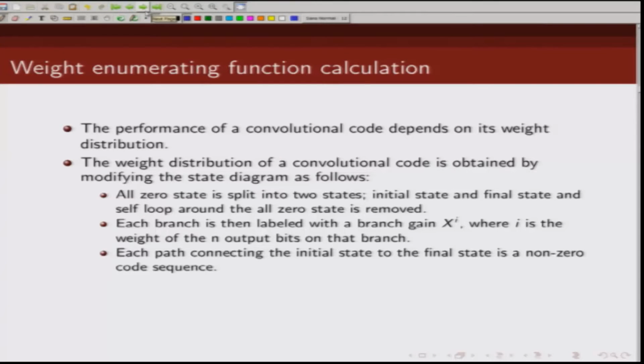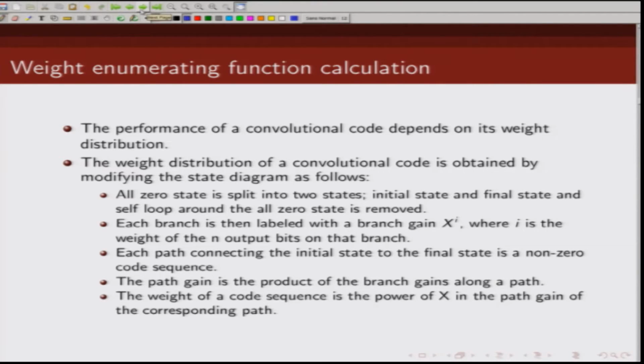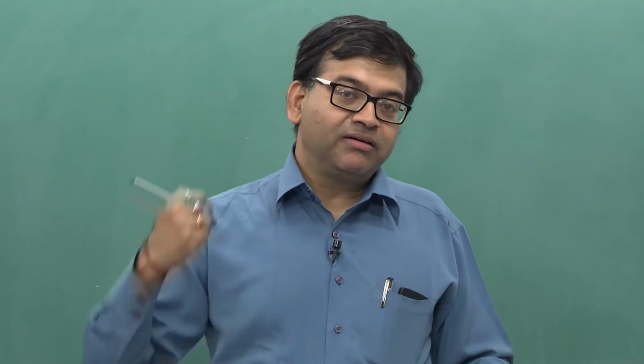So, this modified state diagram is now going to show us all possible non-zero codewords. We define a path gain as the product of branch gains along a path, and the weight of a code sequence will be nothing but the power of x in the path gain of the corresponding path, because each branch is labeled by its corresponding output weight.